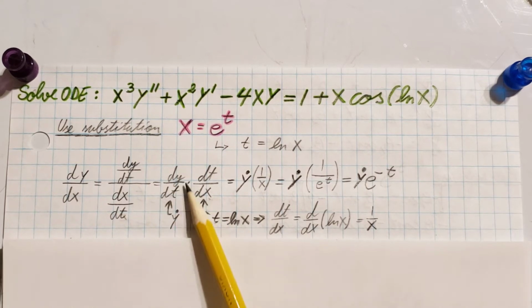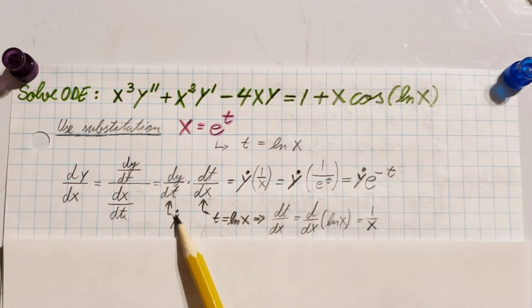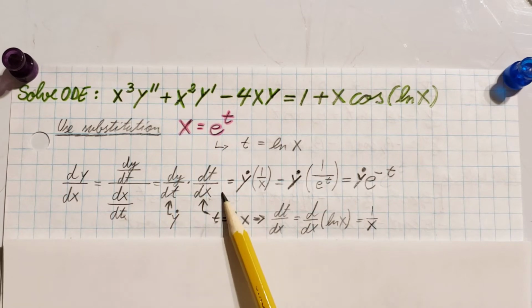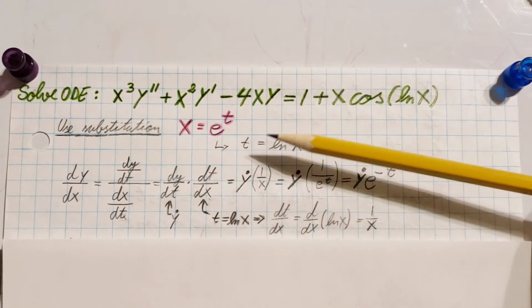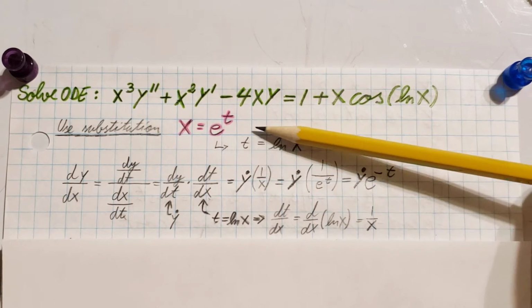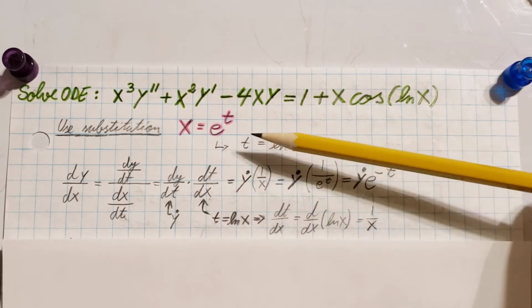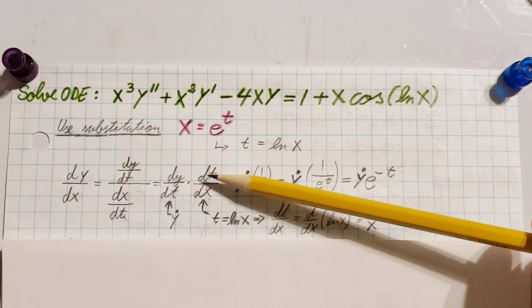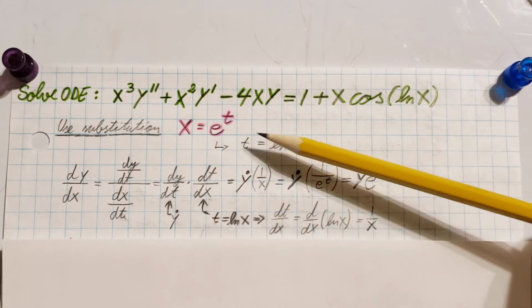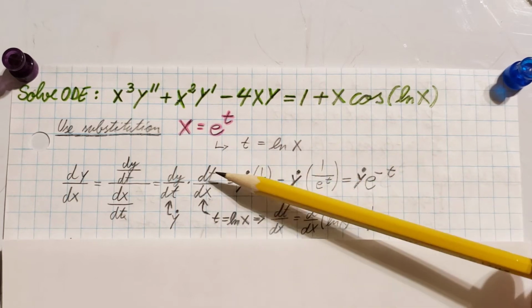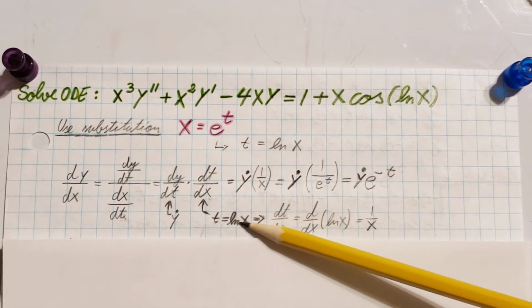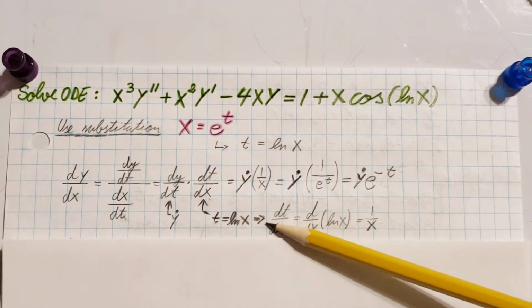Now this one we're going to mark as y dot, and here dt/dx will be the derivative of t, which is ln x, with respect to x, because we're working with x. So that's going to come down, and from here you can follow how I did it.